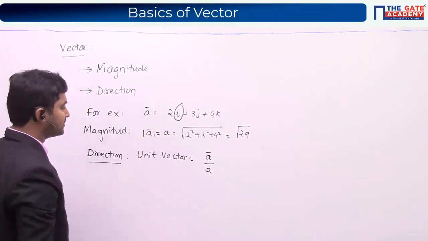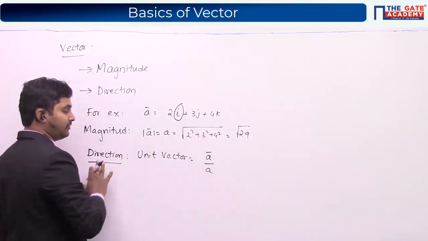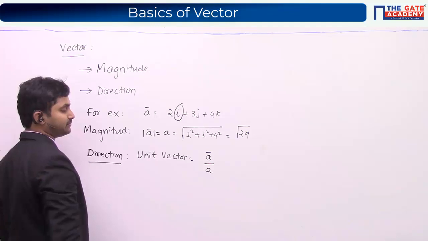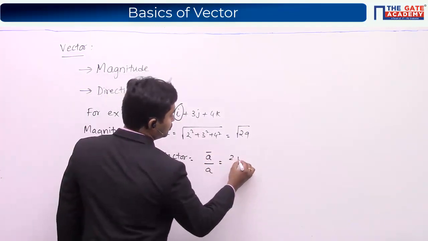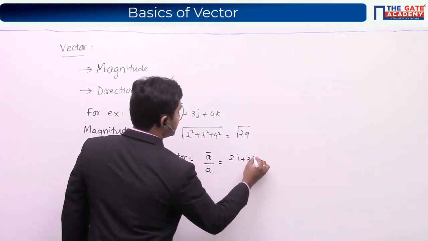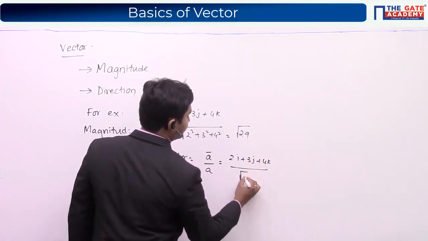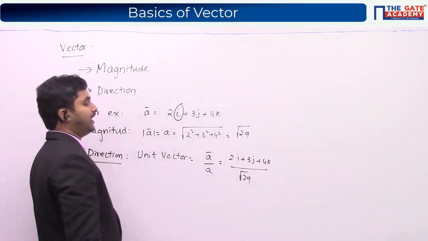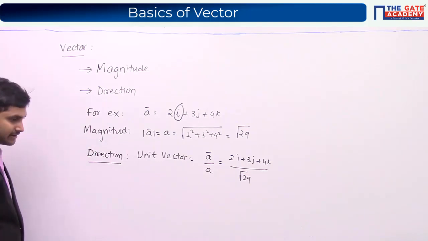In the same way, the a bar can also have a designated direction which is represented by its unit vector. So a bar by a is nothing but 2i plus 3j plus 4k divided by under root of 29. So this is simply nothing but a vector.